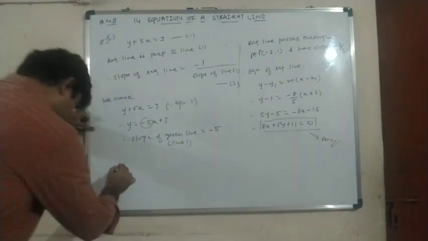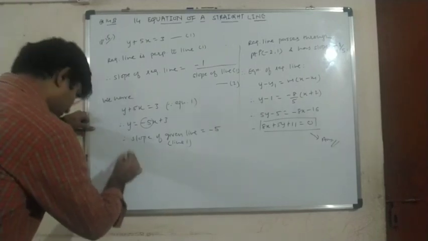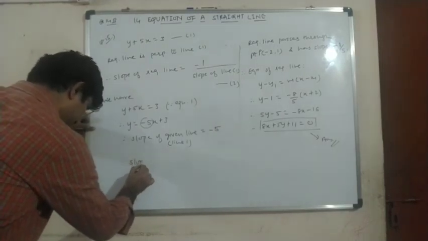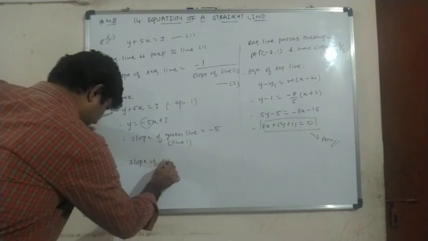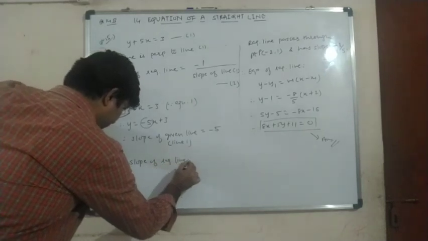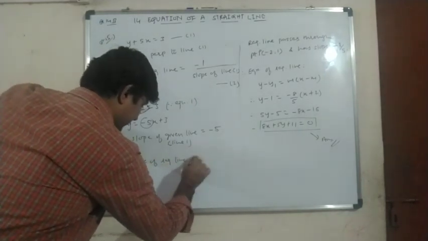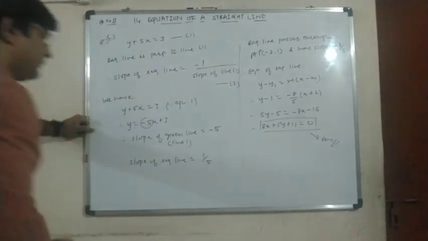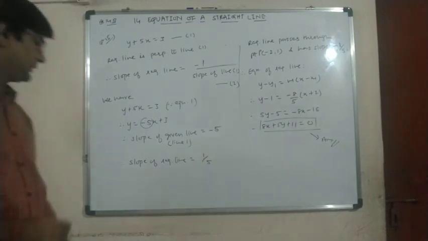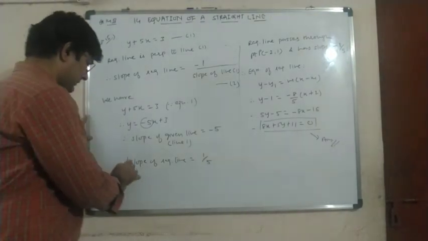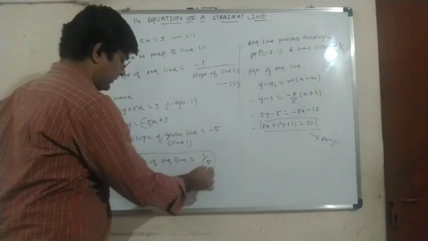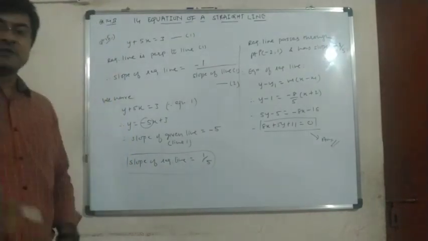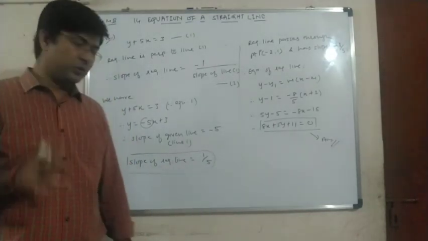Okay, and therefore slope of the required line will be -1 upon -5, that is equal to 1 upon 5. Clear? So this is the slope of the required line. Okay, now further it is given that the required line is passing through the origin.